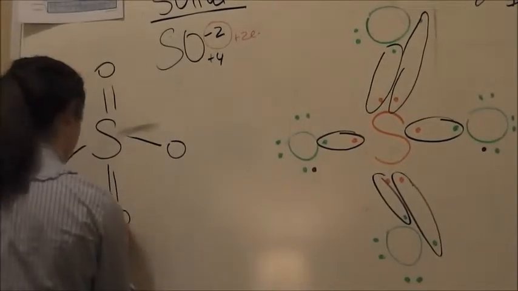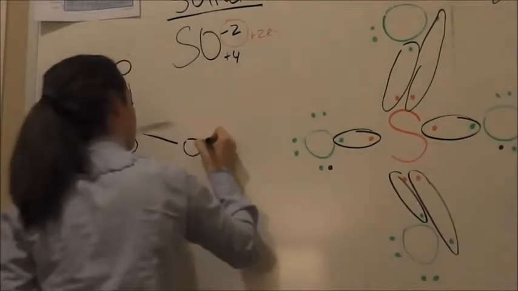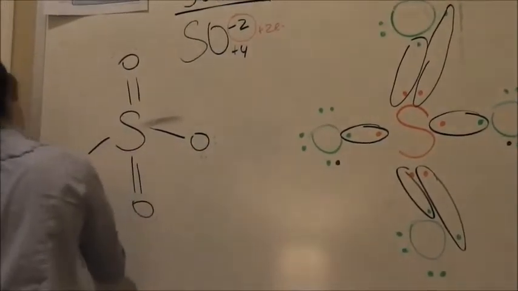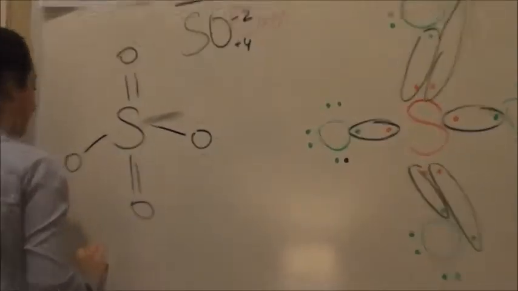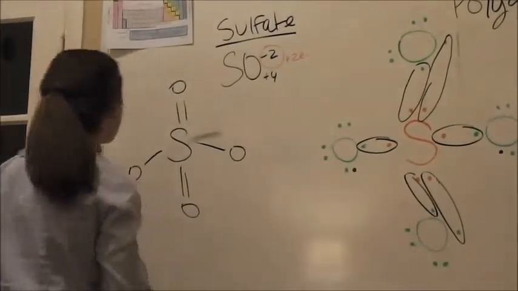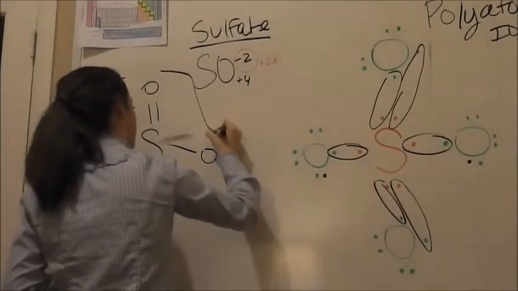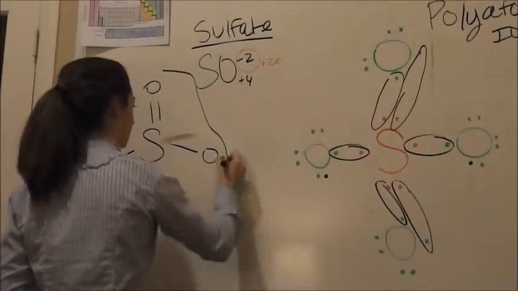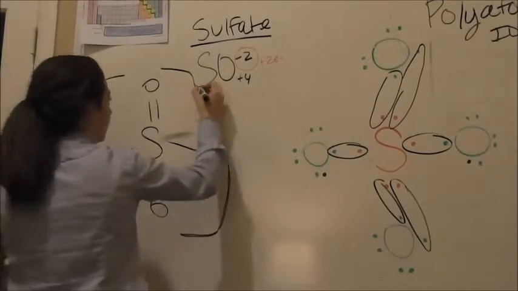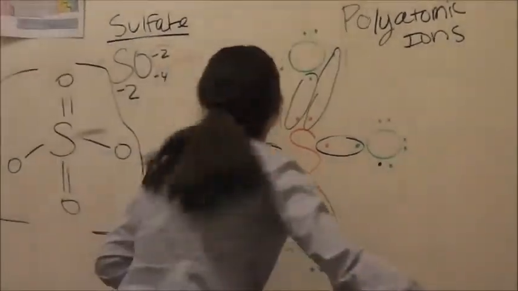We'll do the valence electrons. And then with polyatomic ions, you go ahead and put them in brackets like that. Whoa, that's a little crooked. And then you write their charge out to the side like that.